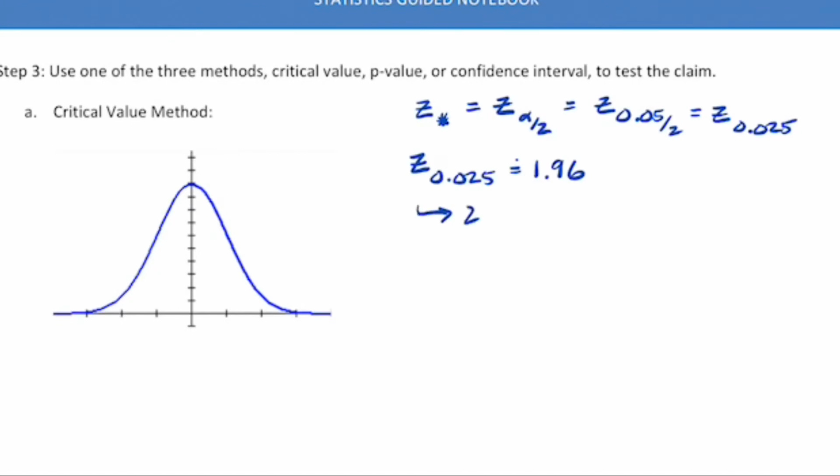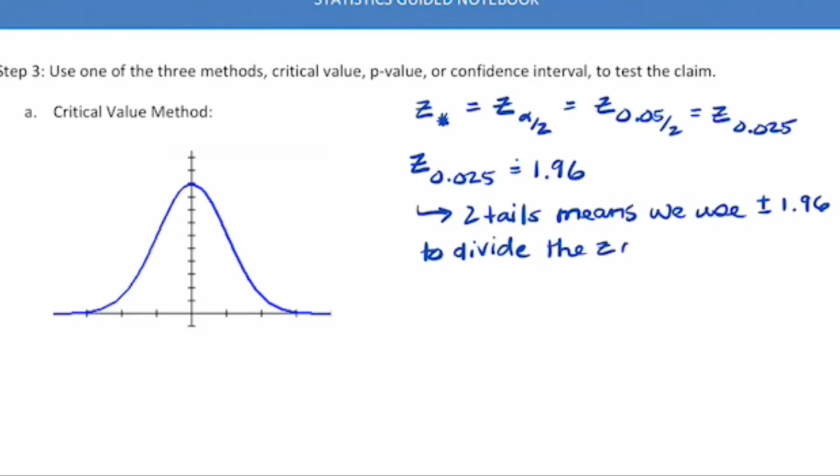But we need to do plus or minus that because we have two tails. So two tails means we use plus or minus 1.96 to divide the z-axis into intervals. Groovy? All right, so the z star being 1.96 was what we had looked at just a minute ago.